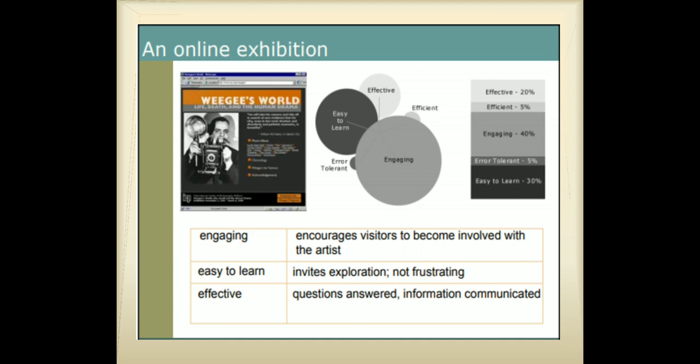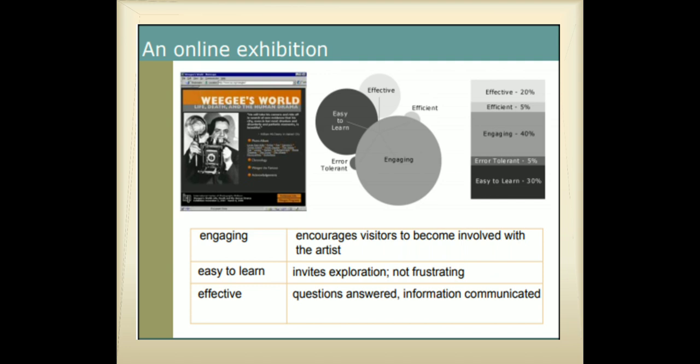So what does it mean? When we say this website has to be engaging, it means that it should encourage the visitor to become involved with the artist. So the pattern of navigating from one page to another must be interesting and must not lead the user to frustration.